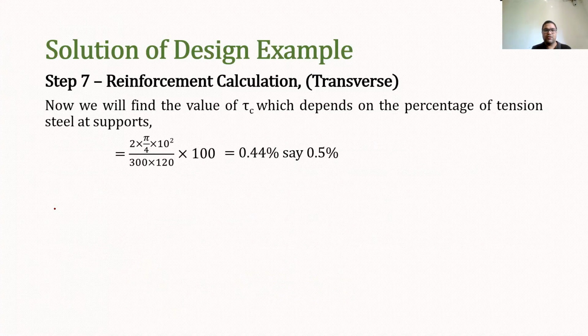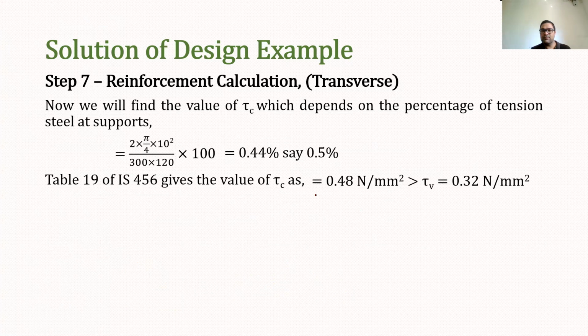There we can find out the value of tau c from table 19 as 0.48, and again you can see this value is more than the value of tau v, which is 0.32. So what does it mean? If tau v is less than tau c max, then it means depth is fine.